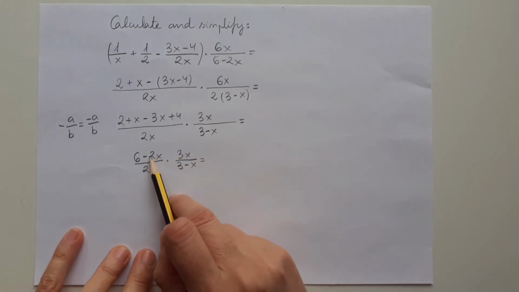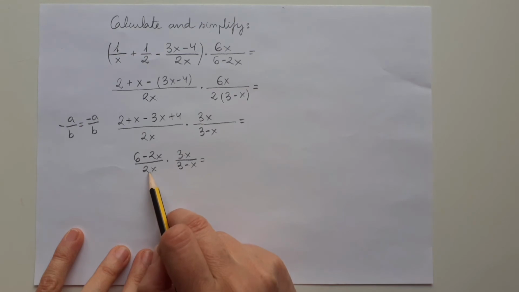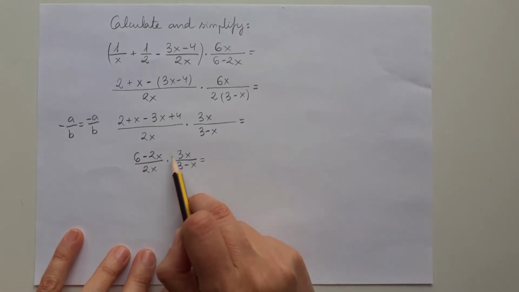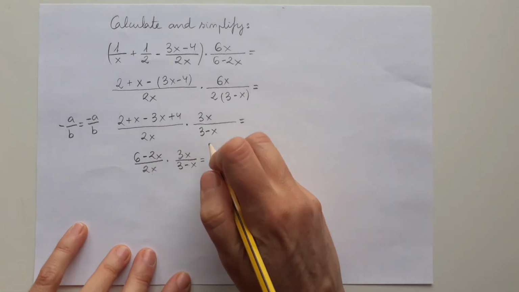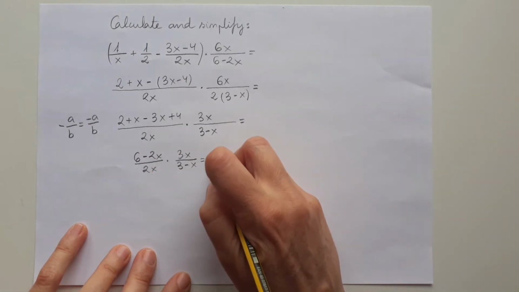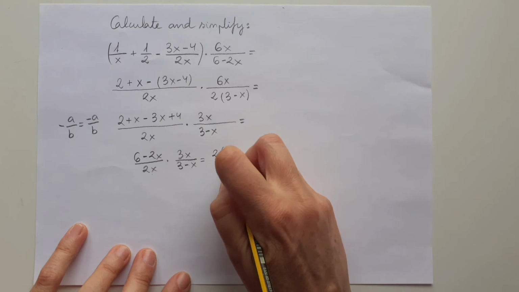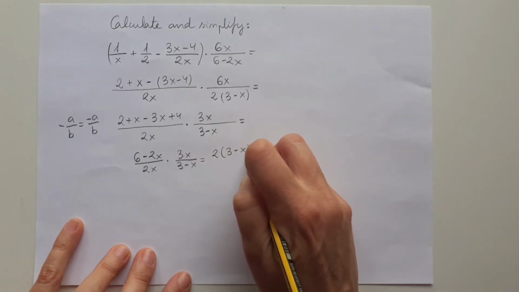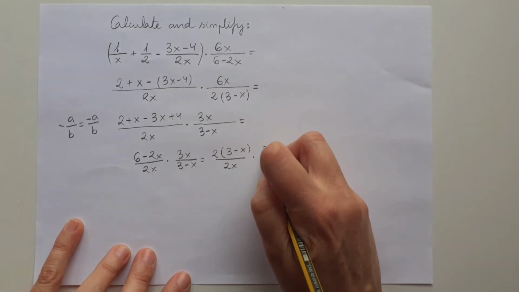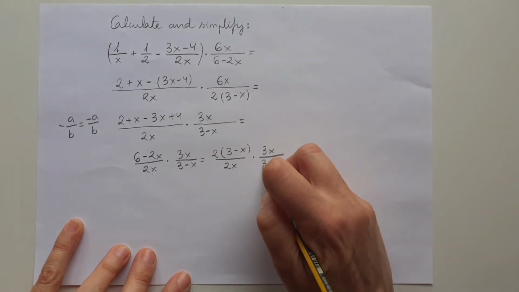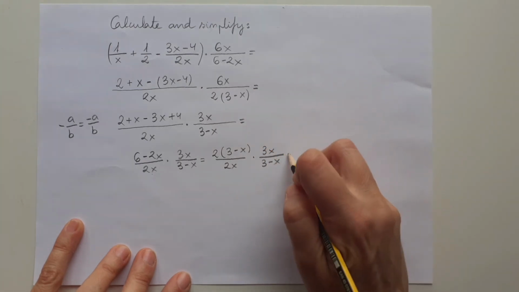Well, before multiplying these 2 fractions, I observed that I can simplify here the same way I did here. So we extract a common factor again, and we have 2 times 3 minus x over 2x times 3x over this.